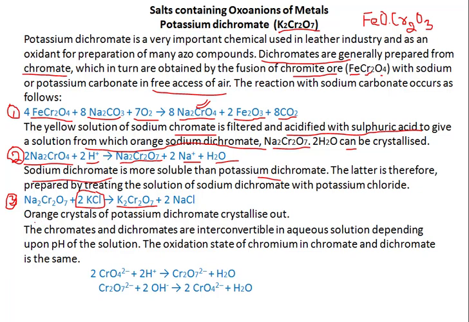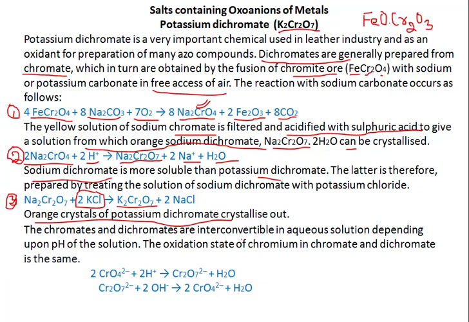Finally we obtain orange crystals of potassium dichromate. Is it clear? These are the 3 important steps of preparation, and you have to remember all 3 steps.